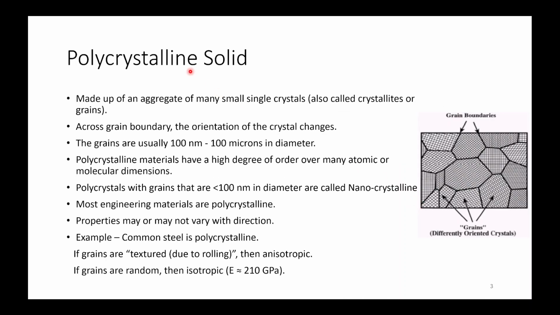And then there are polycrystalline solids. In nature, when we discover solids or manufacture them, they are commonly polycrystalline rather than single crystalline. These are made up of an aggregate of many small single crystals, also called crystallites or grains. Across the grain boundary, the orientation of the crystal changes.